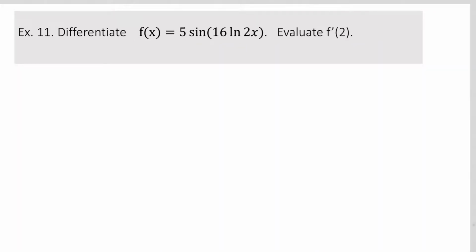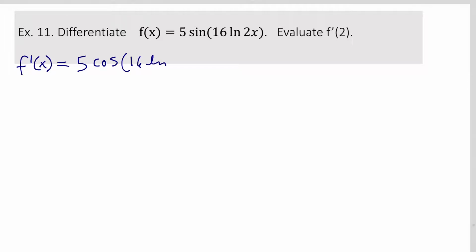So in this one, you can see we have a sine involved in this equation here. So we're going to differentiate f of x. So we're going to find f prime of x here. The derivative of the sine is the cosine.